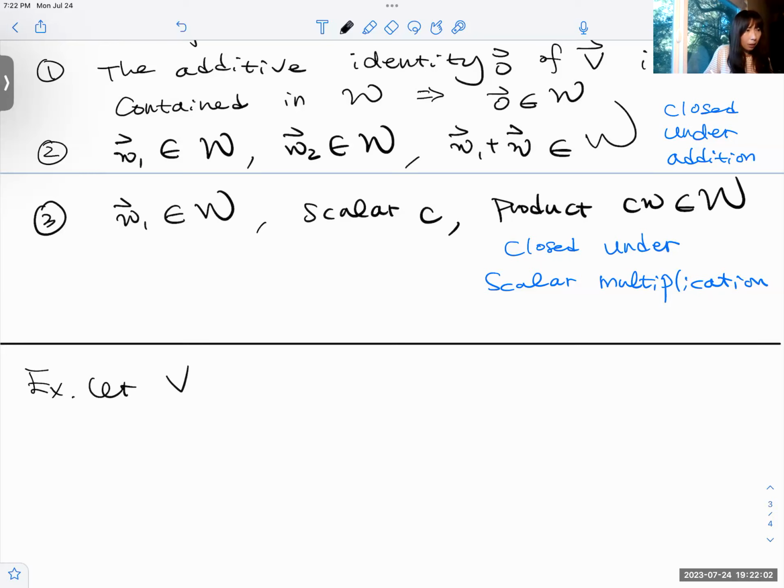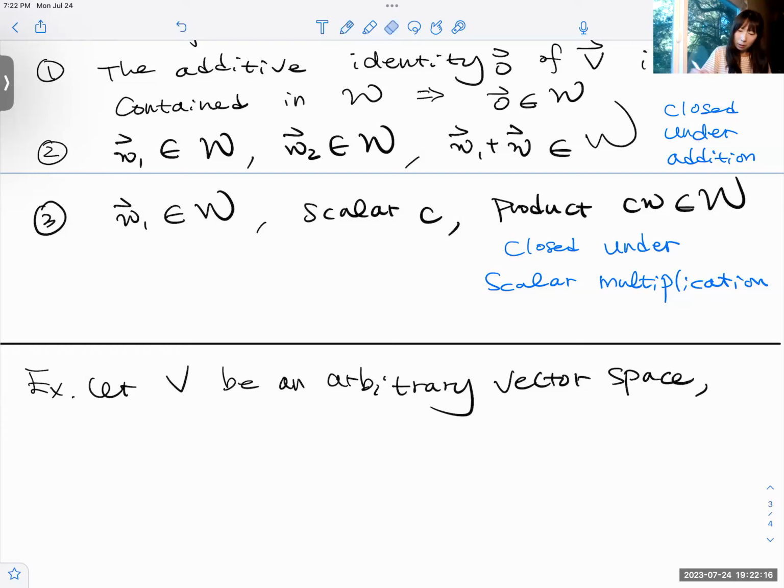Let V be a vector space. Then V is a subspace of itself.